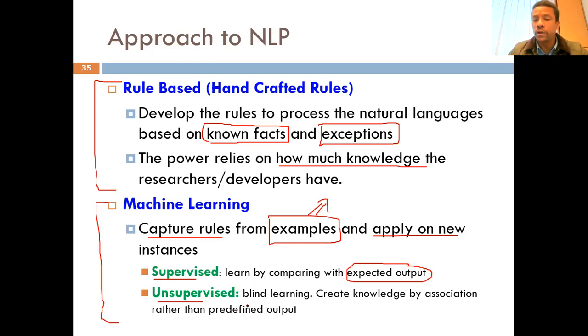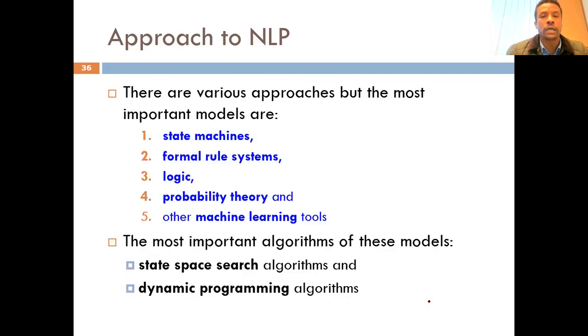In the case of unsupervised, we call it blind learning, because instead of guiding what the output is going to be, you are trying to create some kind of clusters based on their similarity. But we don't know what that similarity is. The machine can identify some kind of pattern that is common for some of the data elements and group them together. And from that grouping, you are going to derive more knowledge.